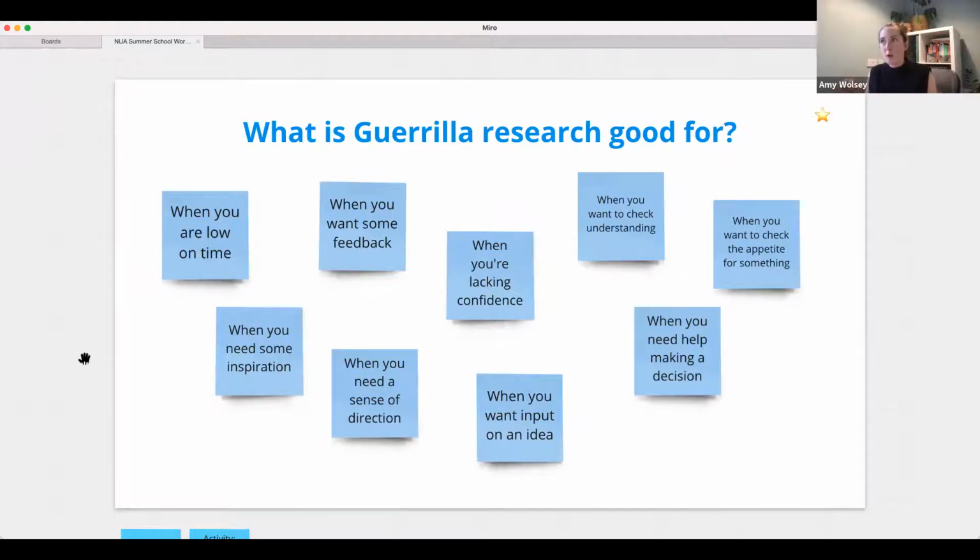And that moves me on to a couple of other things that it's really good for. It's really useful if you're at a point in a project or you've done a piece of work and you're just not sure if you're going in the right direction or if it's making sense. It's really good to pause, take that initial step to ask for a bit of feedback, ask for some input, and then be able to move on and check understanding.